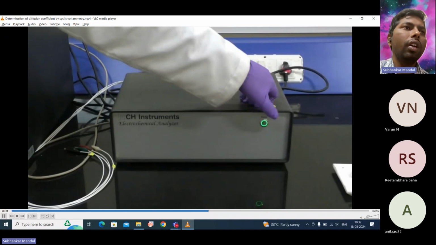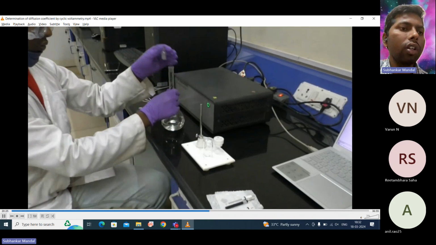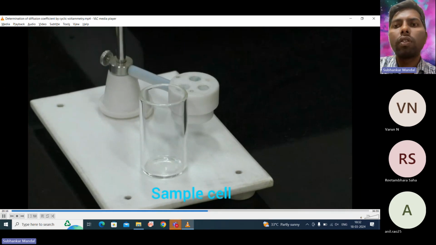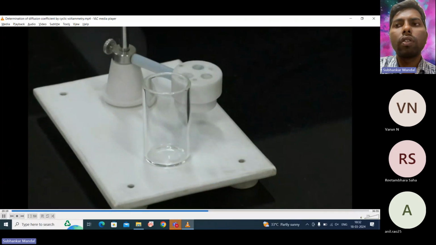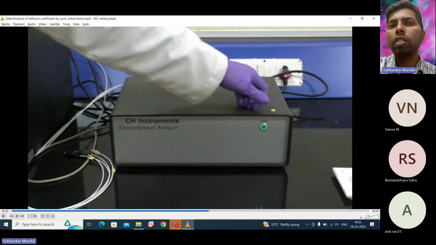So this is the potentiostat, this black color box you can see. Basically this is the potentiostat, because you can apply the potential and measure the current.